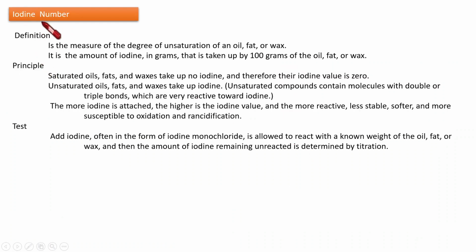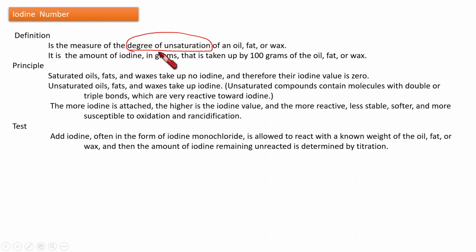Next, we are going to see iodine number. Iodine number, what is the definition? It is a measure of a degree of unsaturation. That is the important point. Degree of unsaturation of fat or oil or wax. It is measuring how much unsaturated that fat or oil is. That is what is indicated through this iodine number.